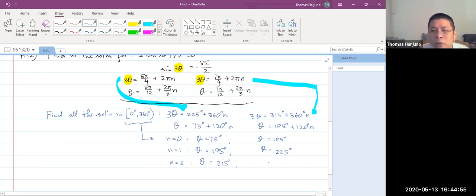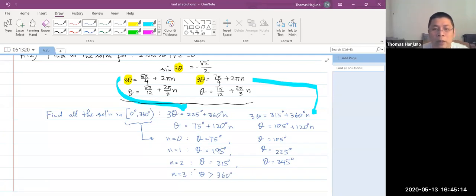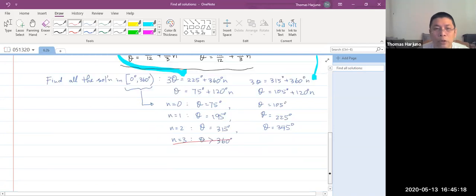Theta equals 345 degrees. And when you try n equals 3, it will be more than 360 degrees already. So we will stop at n equals 2.